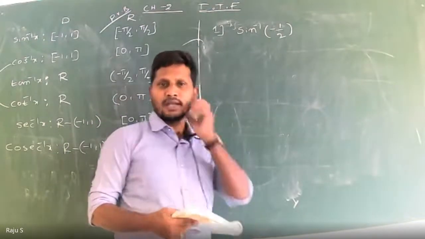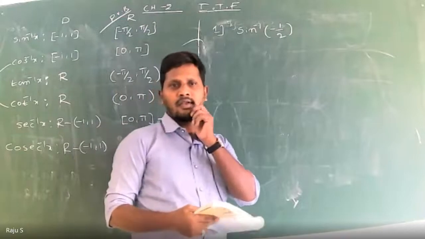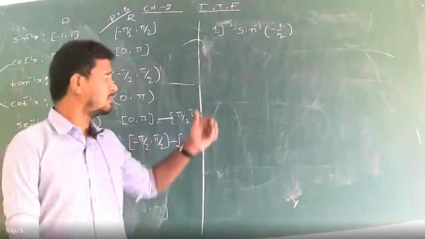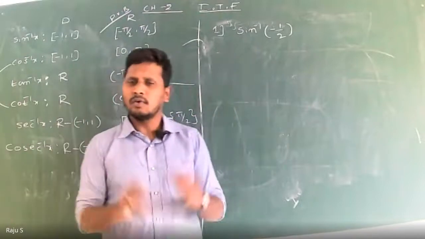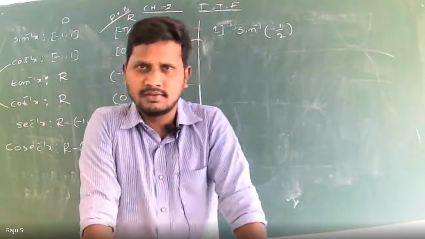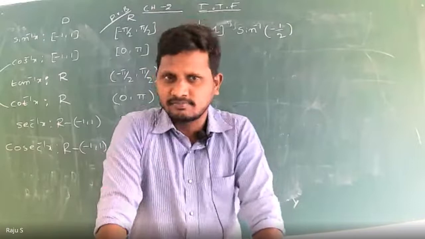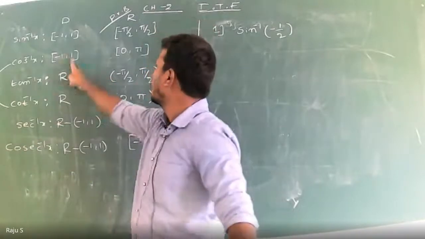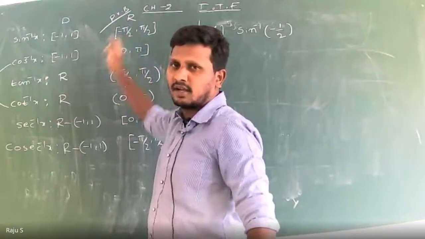Sine inverse of minus 1 by 2. How to find the principal value branch? The question belongs to sine inverse. What is the principal value branch of sine inverse? The range of sine inverse is minus 90 to 90.